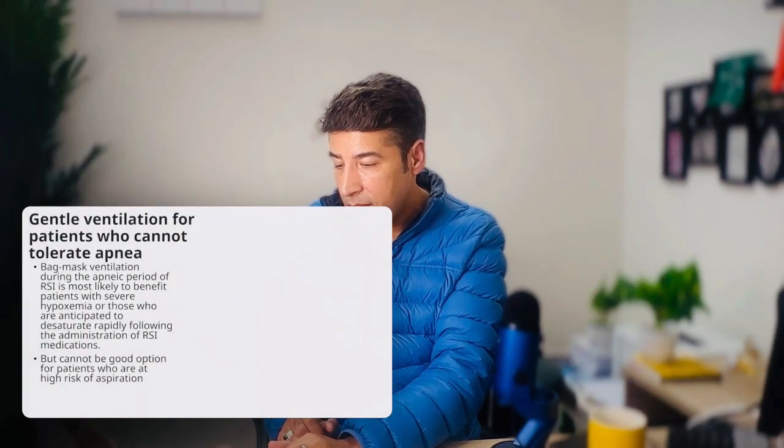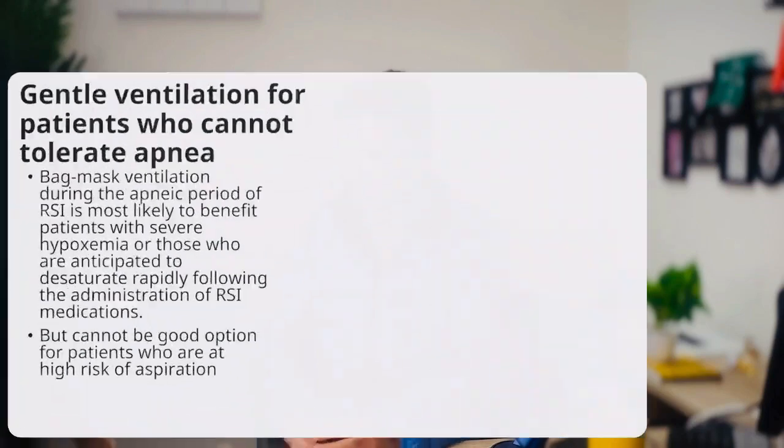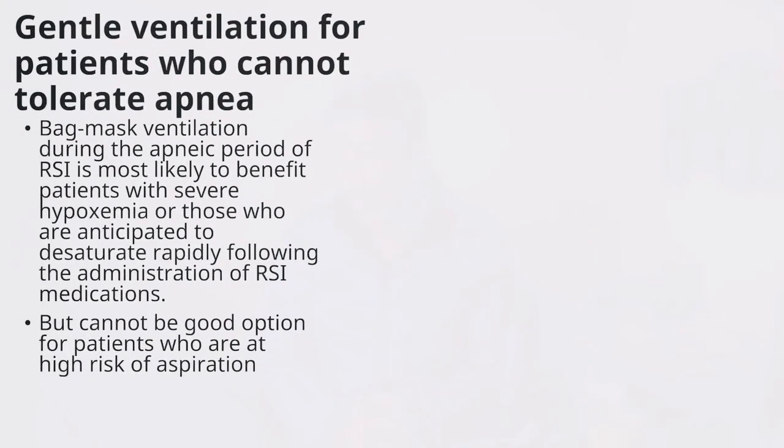So gentle ventilation can be done for patients who cannot tolerate apnea. But yes, you have to do the bag mask, you have to use the PEEP, or you have to make sure that you are using cricoid pressure at that time.